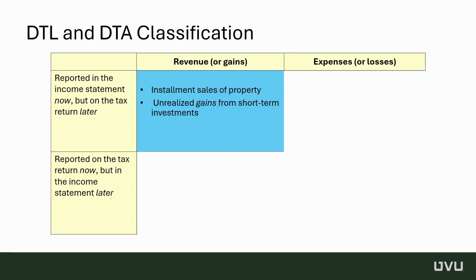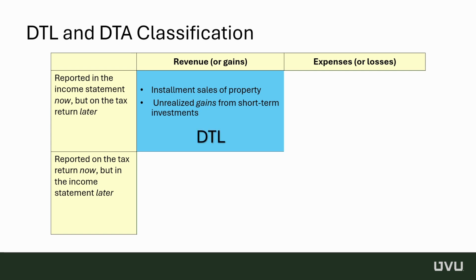In both of these situations, the revenues and gains reported on the income statement will be greater than those reported on the tax return. It's income not taxed today, but will be in the future. Hence, these transactions give rise to deferred tax liabilities.